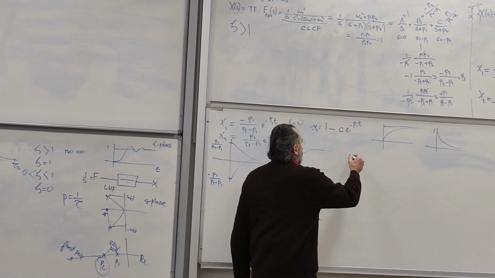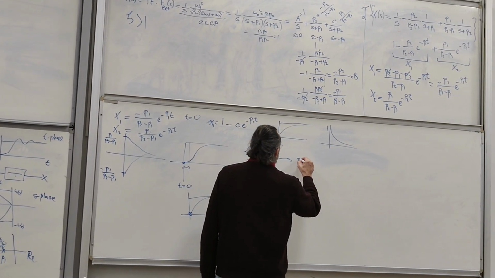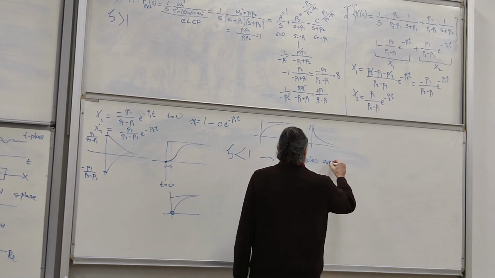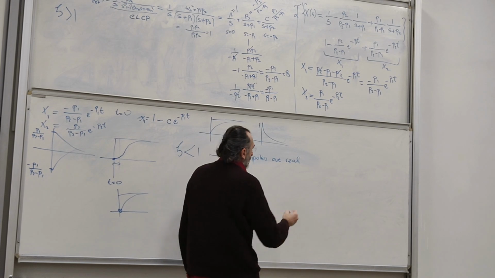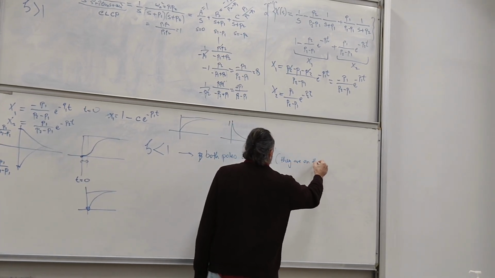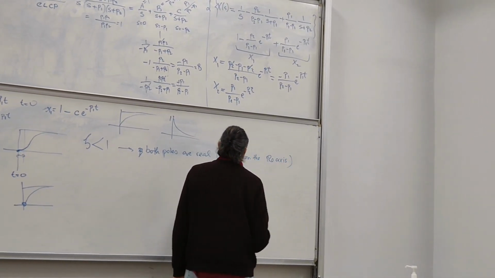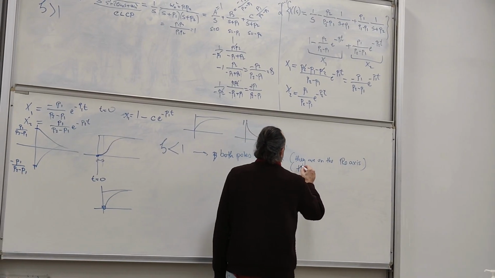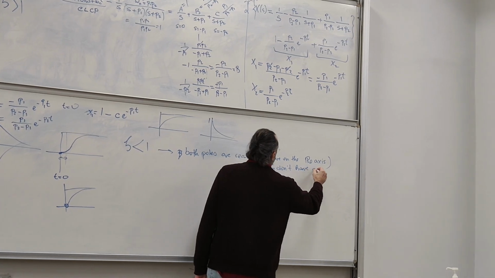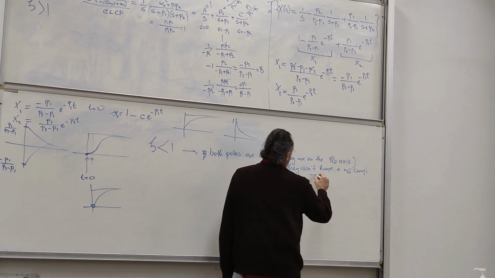So if zeta is less than 1, then both poles are real, which means that they are on the real axis, which means that they don't have an omega d component, and therefore no oscillations.